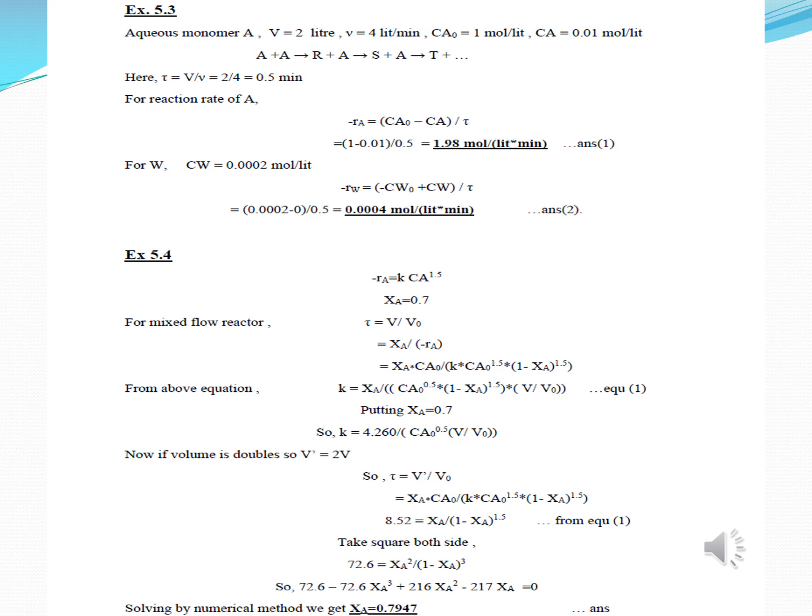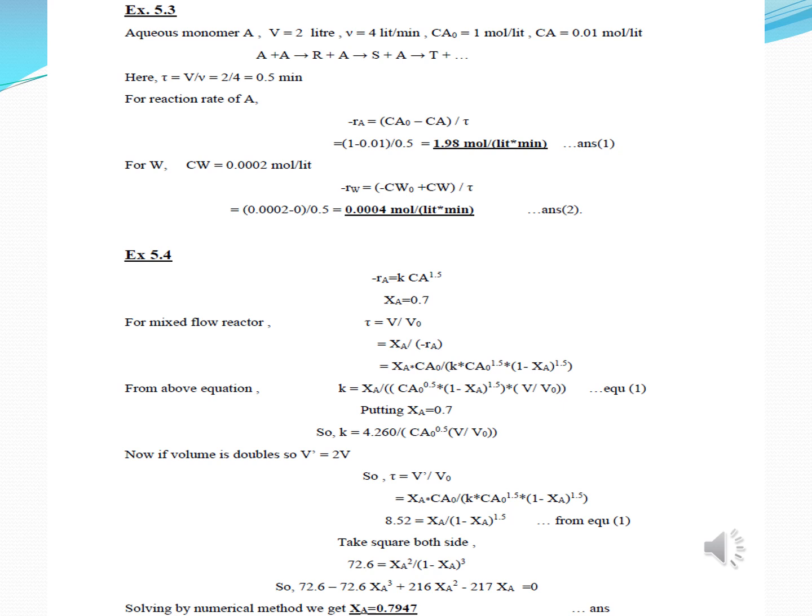Now move on to the solution of problem 5.4. Here the rate equation was given, that is minus Ra equals k Ca to the power 1.5, and Xa was 0.7, the conversion for the initial volume. You know that tau, V by V naught, is equal to Xa divided by minus Ra, that's the performance equation for the mixed flow reactor.